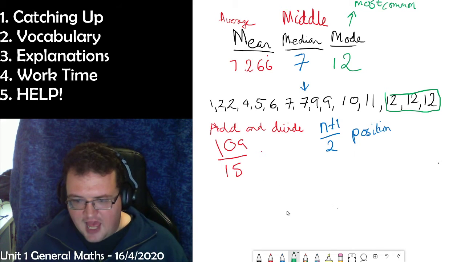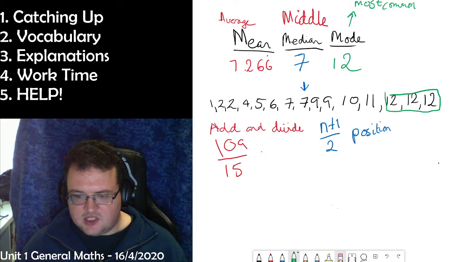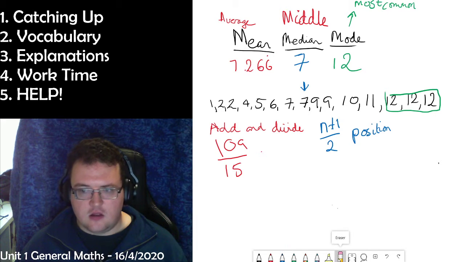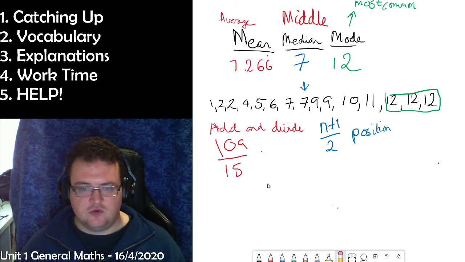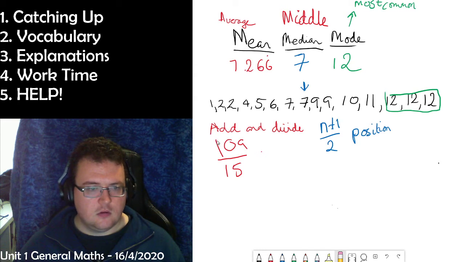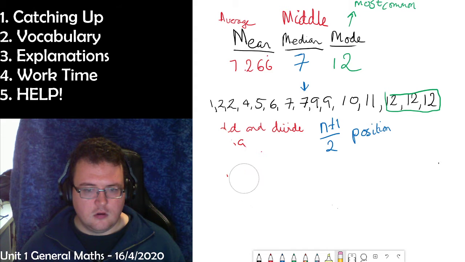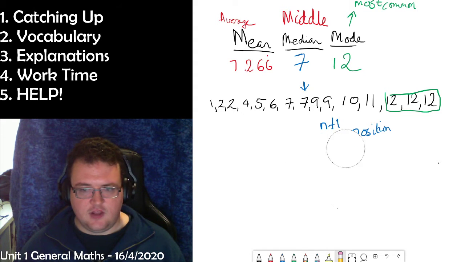Now that we have this though, we can start doing other work around it. So I need to erase a couple of things so that I have some extra room. Just get rid of these.